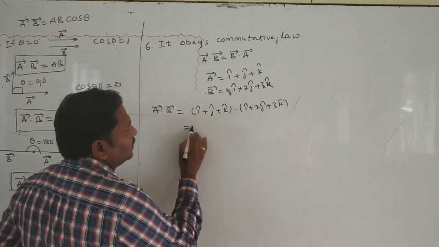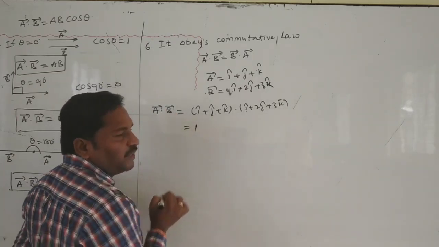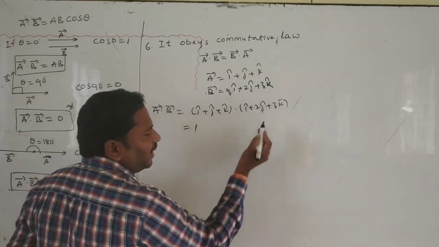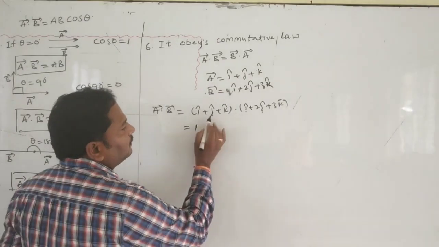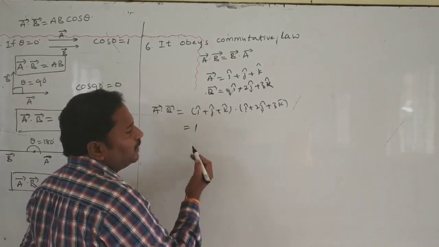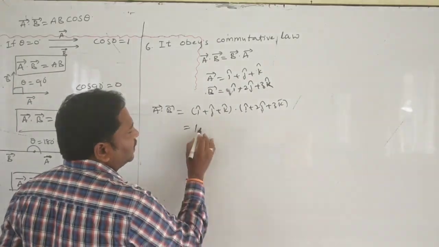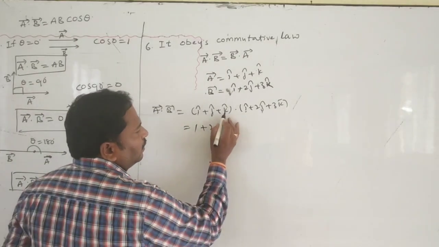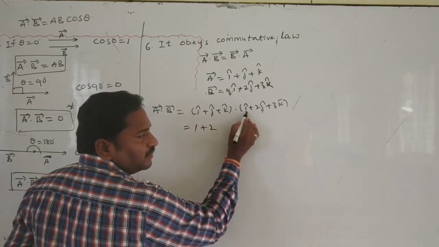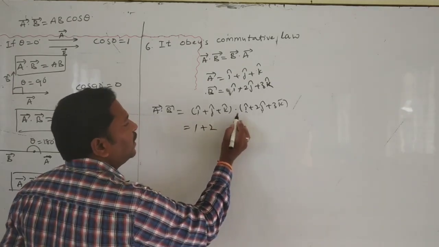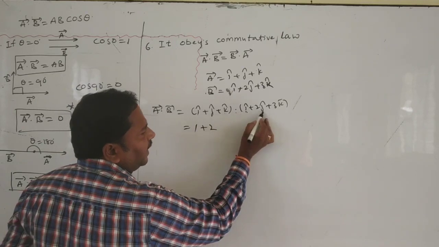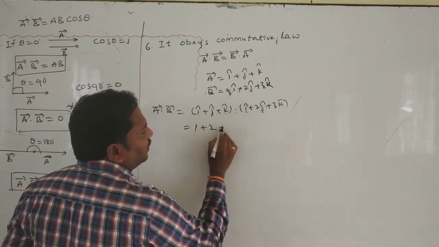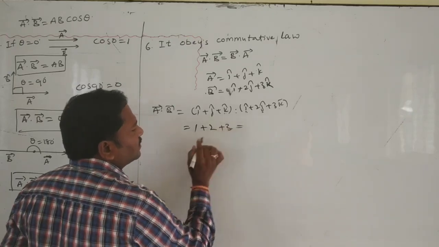See, the product i cap dot i cap is 1, i cap dot j cap 0, i cap dot k cap also 0, j cap dot j cap 1 plus 2, j cap dot k cap 0, k cap dot i cap 0, k cap dot j cap 0, k cap dot k cap is 1 plus 3, total answer 6.